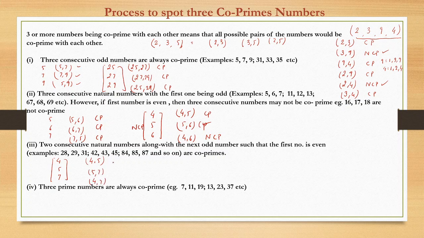All three individual pairs are co-prime. Therefore as a triplet this is also co-prime. So keep in mind that two consecutive numbers starting with an even number, and the next odd number, form a co-prime triplet.